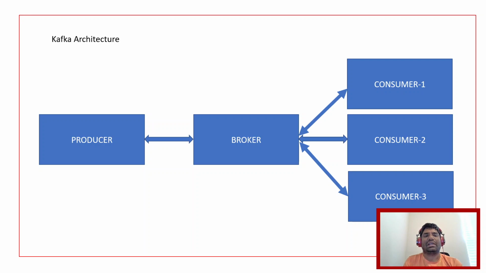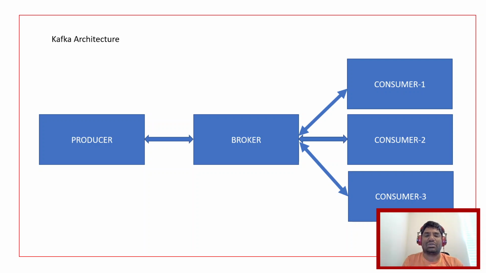So this is a very high level Kafka broker architecture. The producer produces a message on the broker into a specific topic, and that topic data will be consumed by independent consumers, or consumers placed into a group. That is how this architecture works.